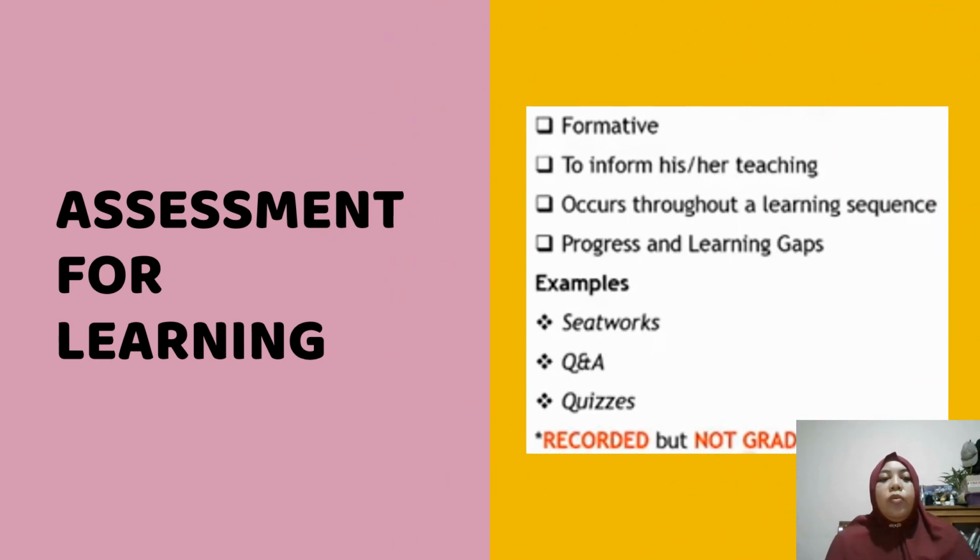Let's check it one by one. Assessment for learning. Assessment for learning is a formative way to inform the teaching process. It occurs throughout a learning sequence, identifying progress and learning gaps.